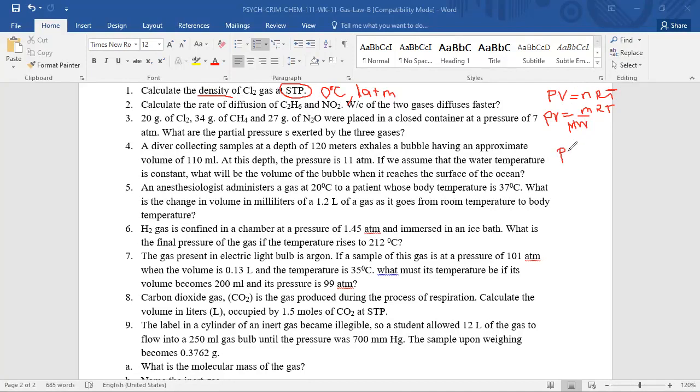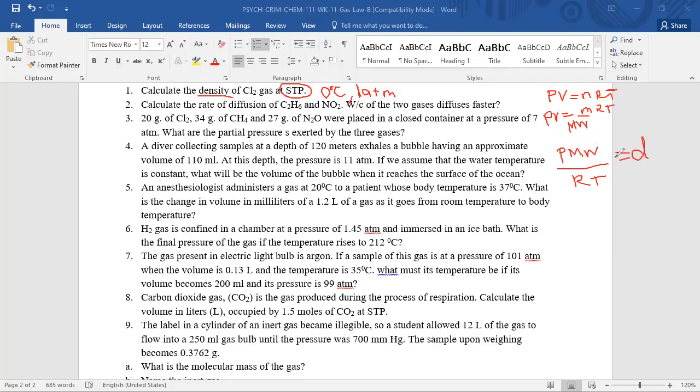That would be pressure times molecular weight divided by RT equals density. That is how we compute the density. I derived it earlier for you, so I hope you listened, to make it easier for us to solve.